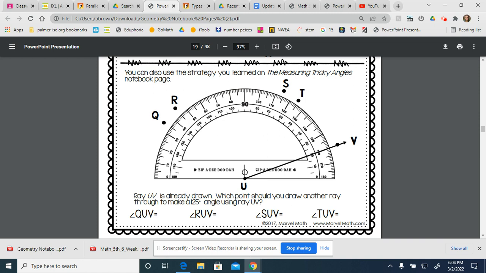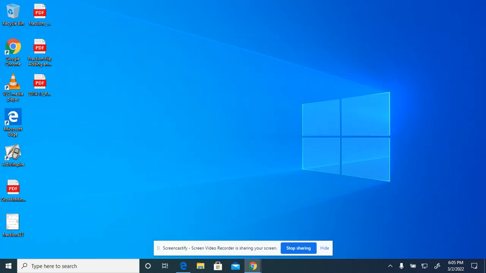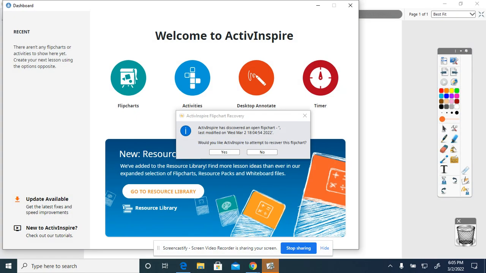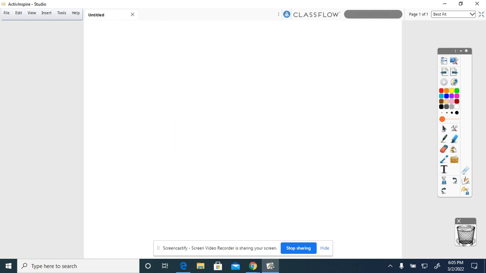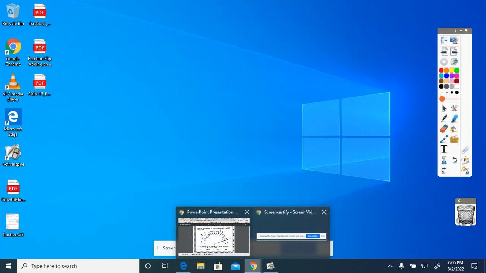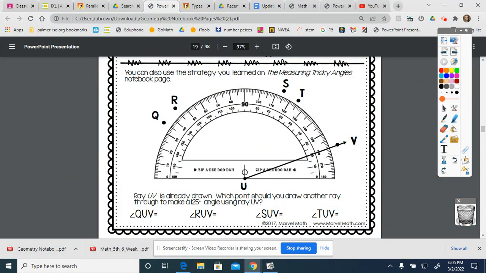Oh, pen died. Hold on. Got so close. Okay. Oh, now I have to redraw the whole thing. Let's do this one more time.